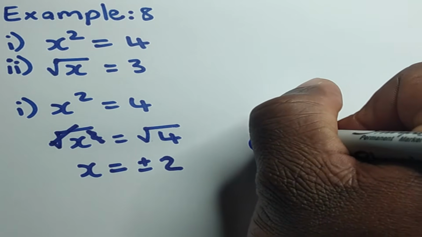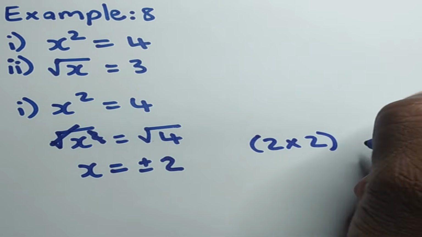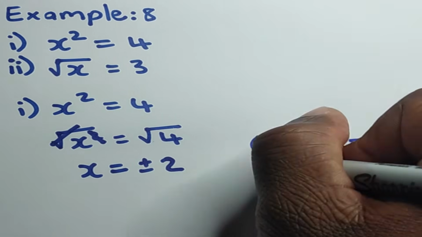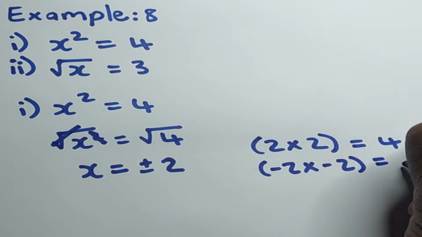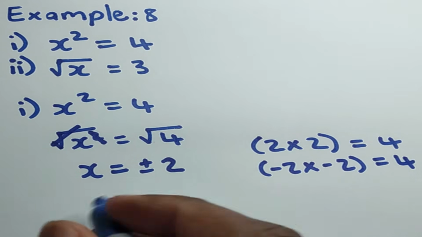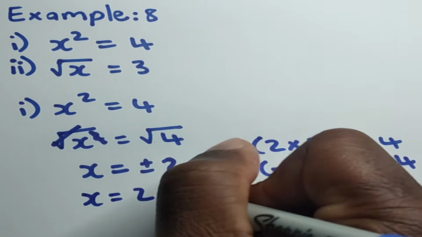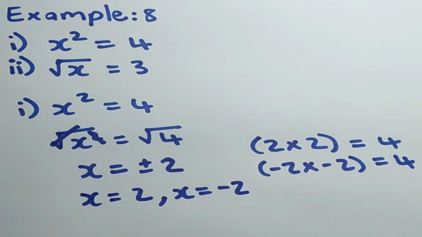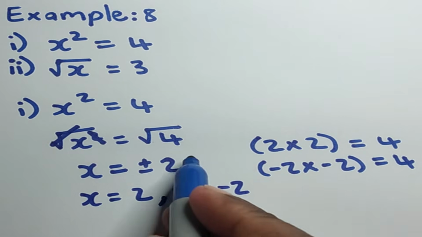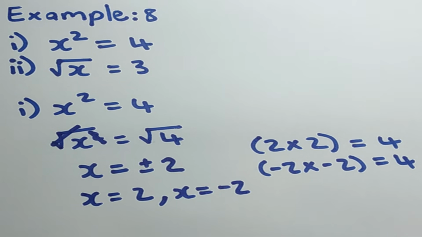We can multiply positive 2 times 2, and that will give us a 4. We can also multiply negative 2 times negative 2, and that will also give us a positive 4. So we can obtain two values here. So x can either be equal to positive 2, or x can also be equal to negative 2. That's why I have plus or minus 2 there. It simply means x is equal to 2 and x is equal to negative 2. All right, so that explains that.